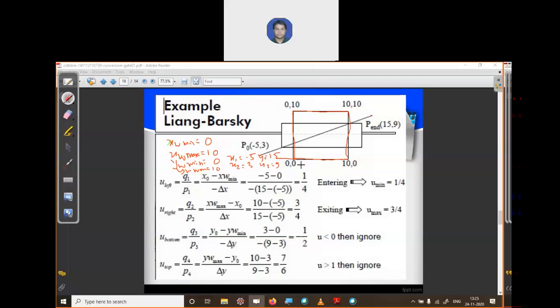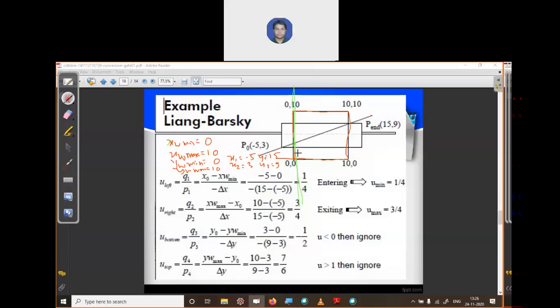Okay, so first we will find the value of t for the left boundary. This is your left boundary, and t is just the symbol of time: at which time this line will intersect your left boundary, we will find.